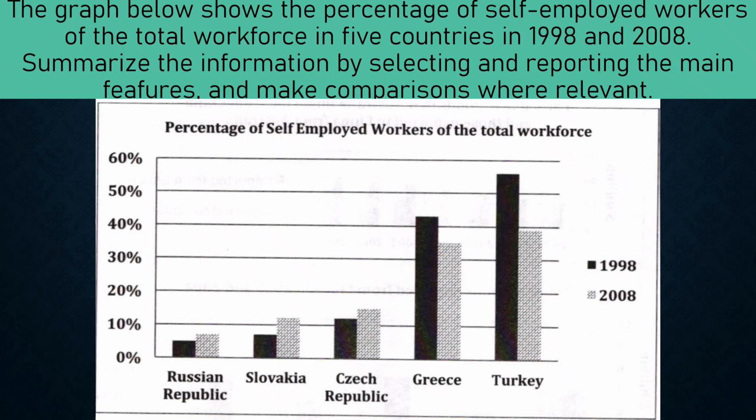Whereas the people of Greece and Turkey were much more who were running their own businesses, but their interest in doing their own work decreased, dwindled with the passage of time.